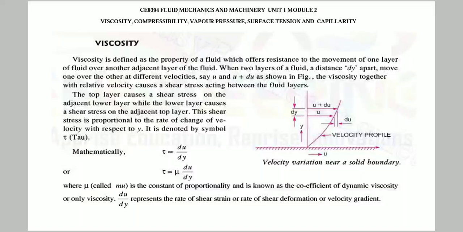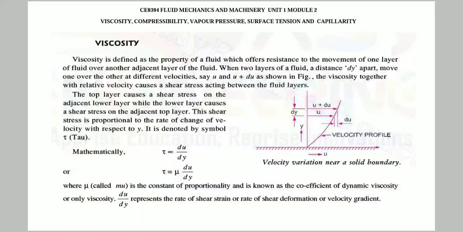That is, the shear stress which is produced is proportional to the rate of change of velocity with respect to y. So we can tell it mathematically as shear stress, usually denoted as tau. So tau is directly proportional to du by dy. So du is the relative velocity and dy is the distance between them.